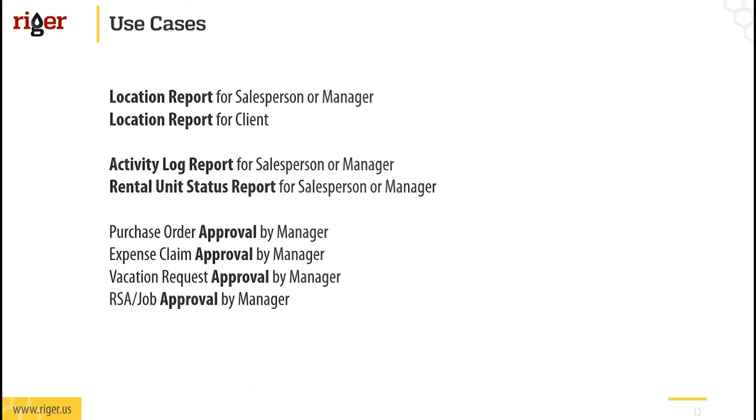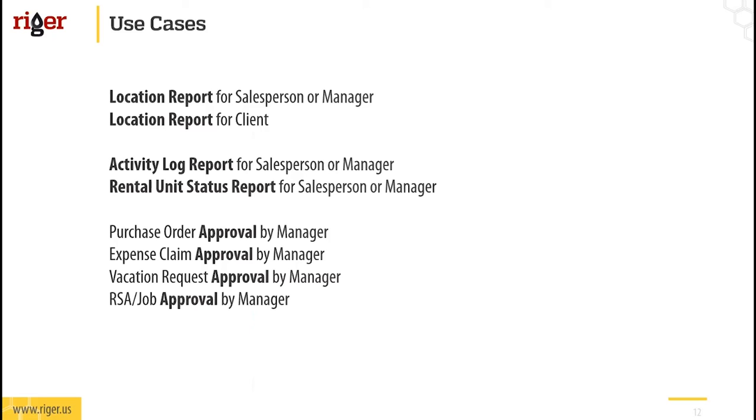They can use it and run the report based on locations where they are authorized. Location activity log report for salespeople and managers, rental unit status reports for sales and managers, so they can review this information anytime on their devices.